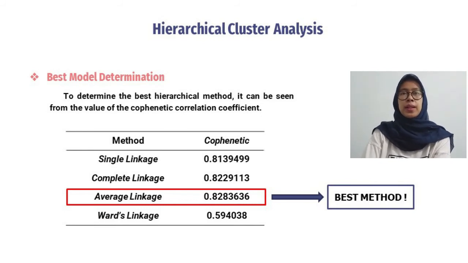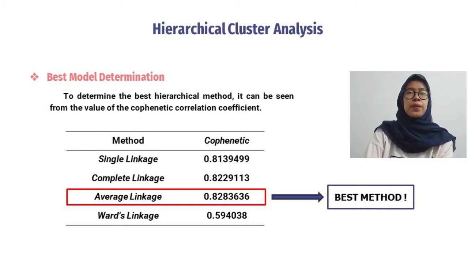The agglomerative hierarchical analysis method has 4 methods, namely single, complete, average, and Ward's linkage. The people's welfare indicator data will be grouped into 2 clusters, or K equals 2, for each method.